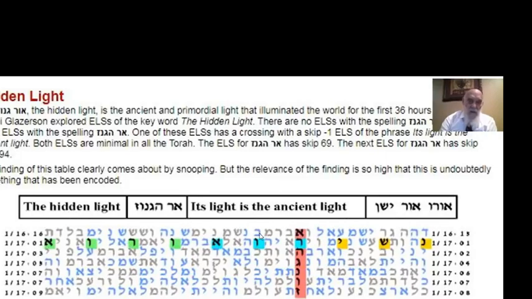Oro, its light, is Or Haganuz, the light Haganuz, and Oro is always light Yashan, an old ancient light. Meir statistically comes 10 in 10,000, which is only 1 in thousands. Also high, but much lower than the one I found.